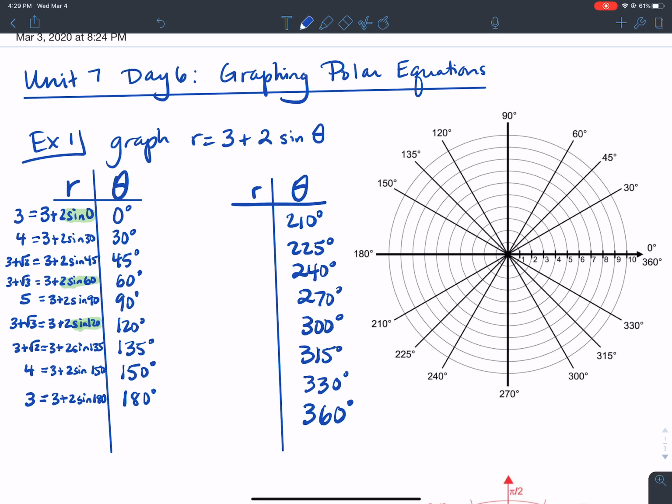Now after that, the values are different because in quadrant 3 and in quadrant 4, the sine values are negative. But quadrant 3 and quadrant 4 should match each other. So when we substitute these in, 3 plus 2 sine 210, once we find these, there should again be a pattern present here.